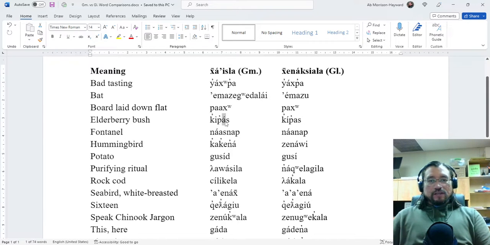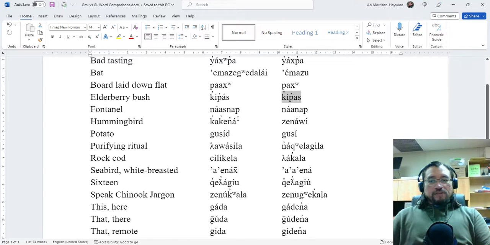So in the xaisla pronunciation, this slanted line over top of the A tells us we're putting emphasis on that last syllable. In the xenaksiala version, the accent is over top of the I, so we're putting the accent on the first syllable.